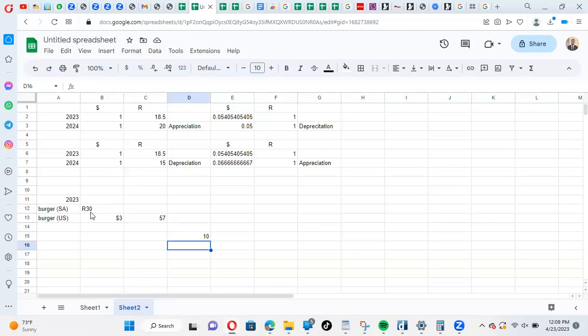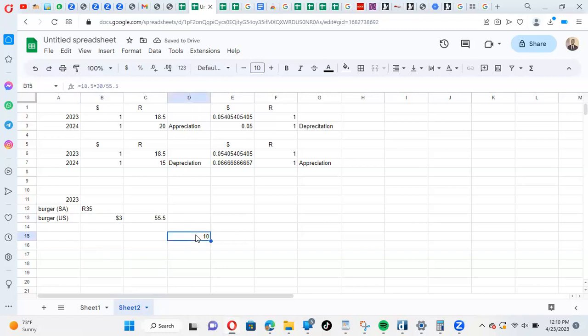But now let's take this back to the 18.5 initial example. Let's say the nominal exchange rate doesn't change, but the price here changes, say it becomes 35. The price goes up.